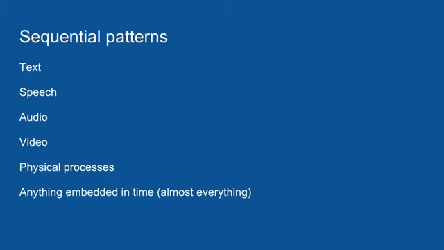If I have text in one language and I want to translate it to text in another language, LSTMs work very well. Even though translation is not a word-to-word process, it's a phrase-to-phrase, or even in some cases a sentence-to-sentence process, LSTMs are able to represent those grammar structures that are specific to each language.